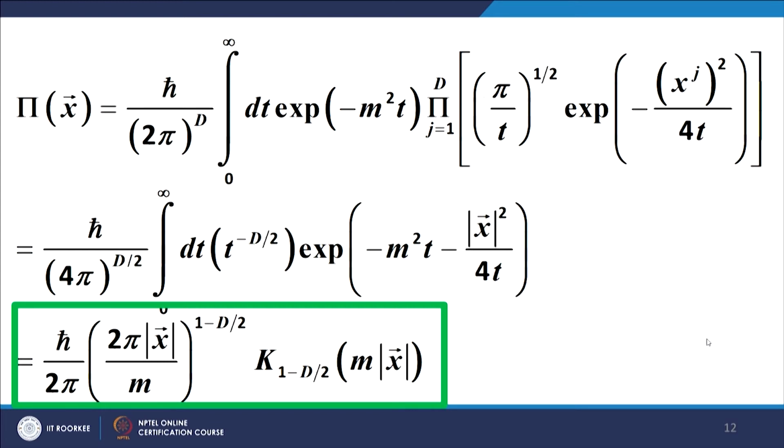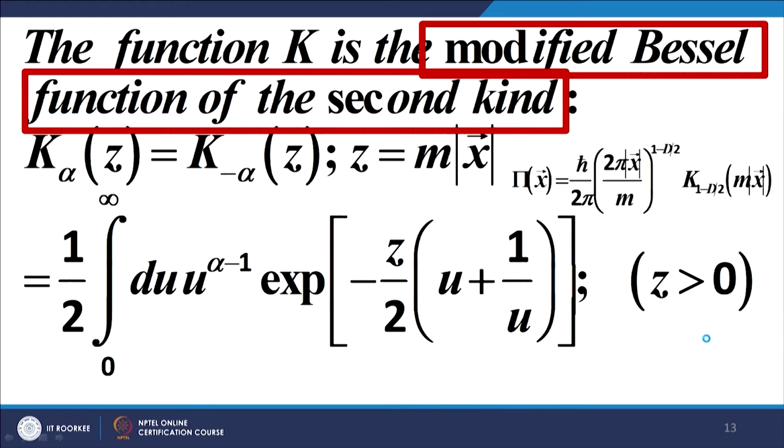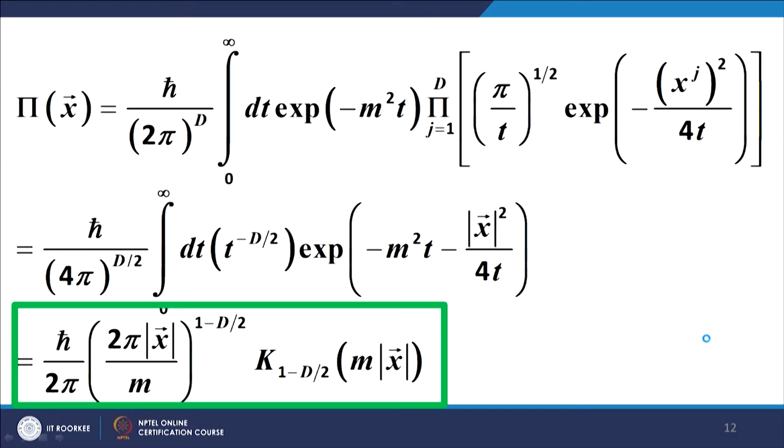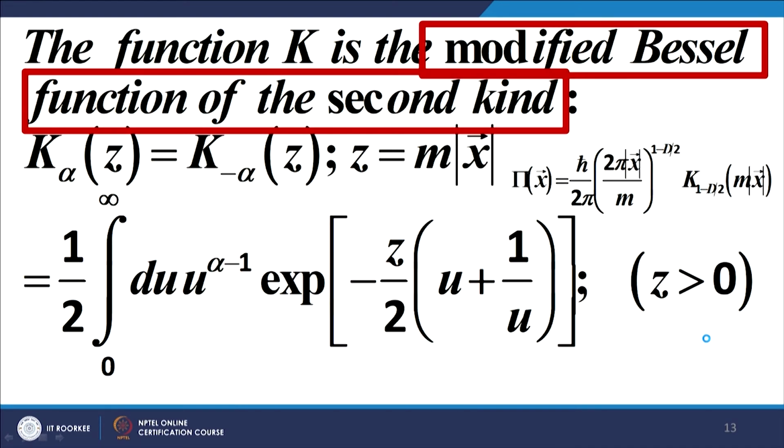We get the expression in the second equation on your slide, which can be written in terms of the modified Bessel functions of the second kind. This expression here, K_m of mod x, is the modified Bessel function of the second kind. This modified Bessel function of the second kind has an integral representation given at the bottom of your slide.